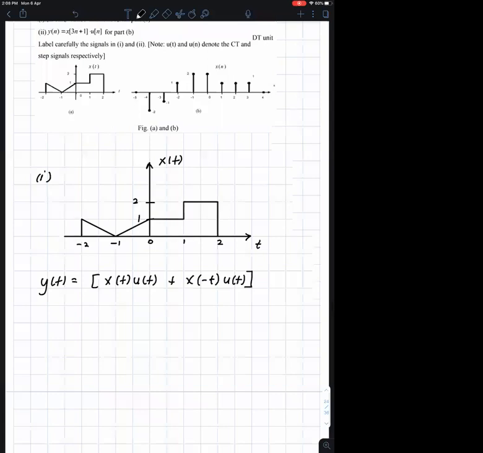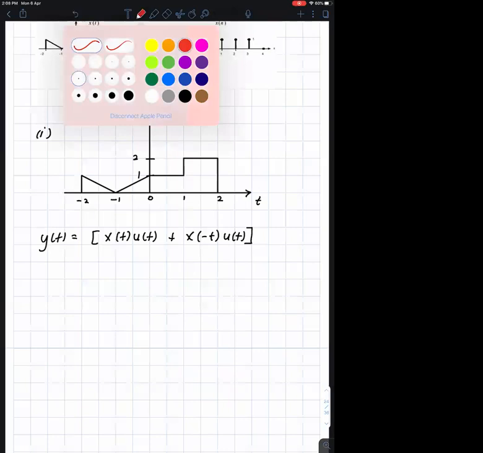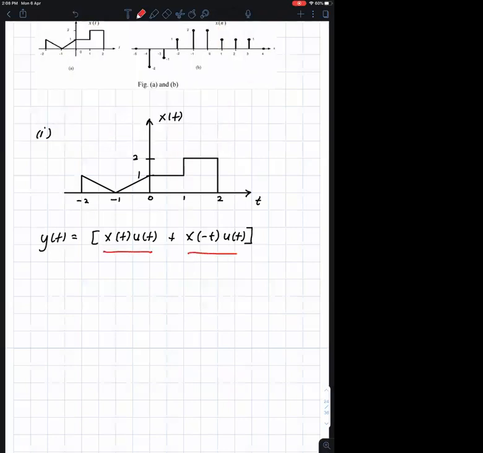We can do this part by part, looking at one at a time. Look at this one first, and then we look at the other one. So let's try to sketch this part first.